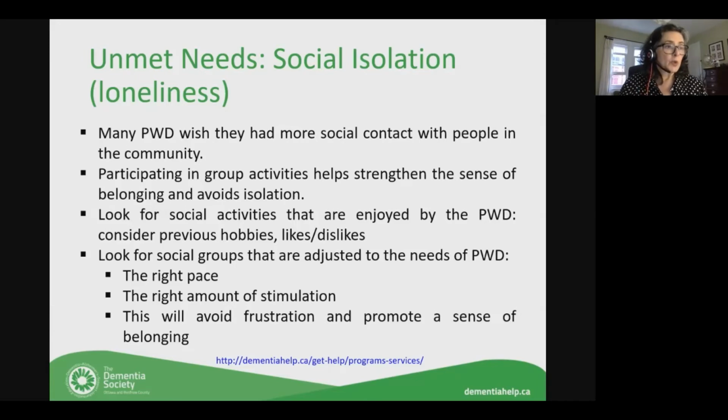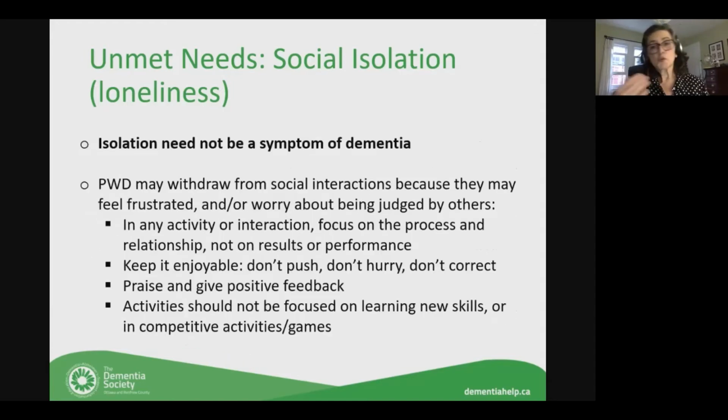Are there ways in which something can be done by telephone? Are there visits that can be scheduled virtually? Are there hobbies that can be pursued, and perhaps something that's discussed with a friend over the phone as well?